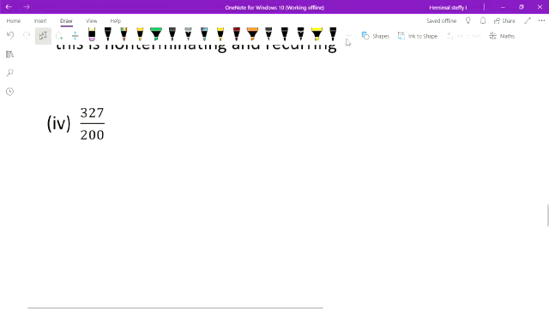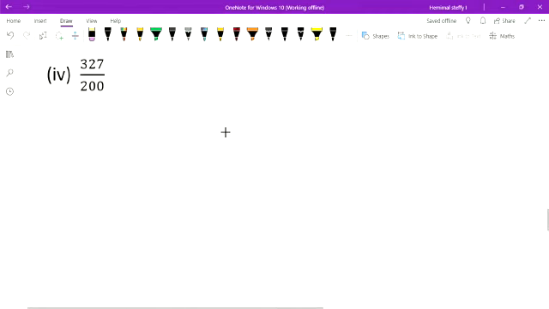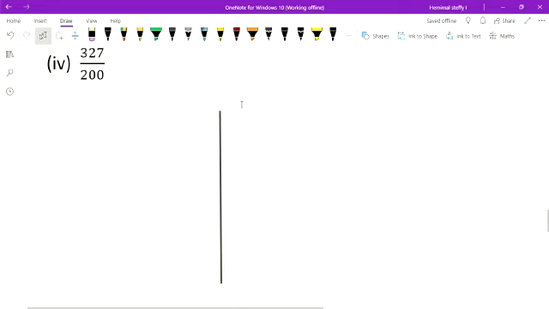327 divided by 200. So I am going to draw the divider. So we want to divide it here. I'll put the divider here, and one more line we want.